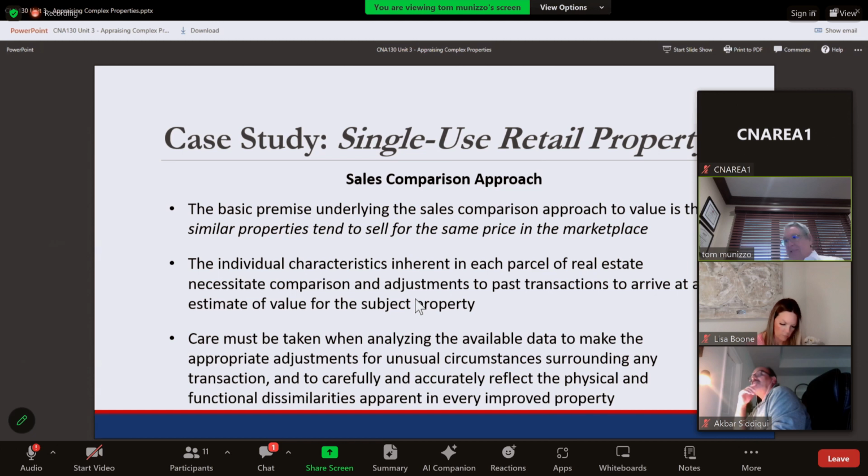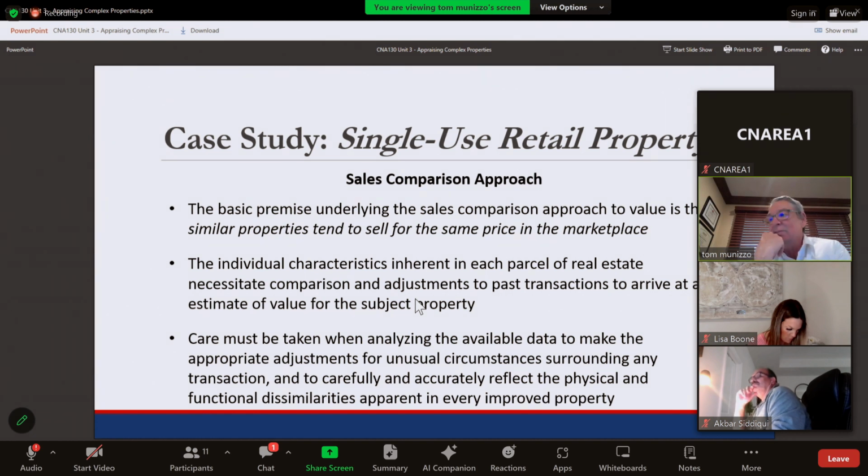All right, the basic premise of the sales comparison approach is that similar properties tend to sell for the same price in the marketplace. May be true. Individual characteristics of each parcel need to be looked at for comparison, with adjustments to past transactions to arrive at an estimated value for the property.